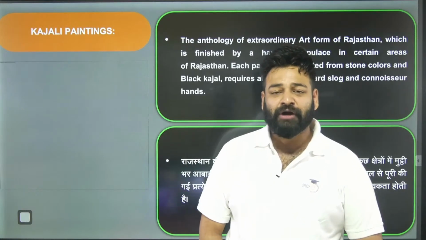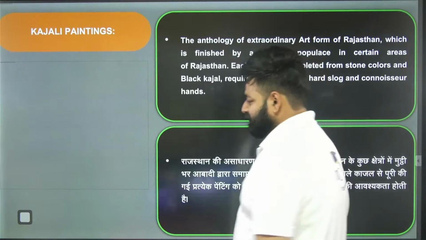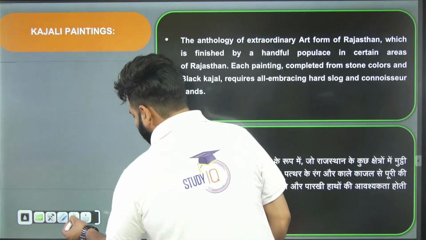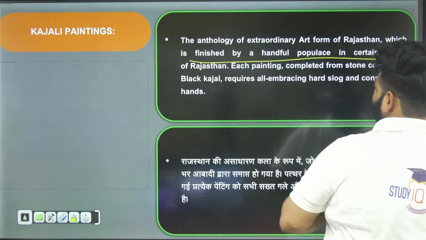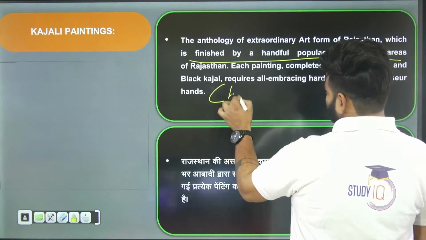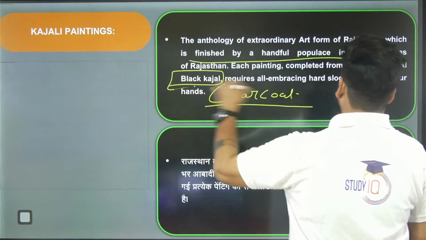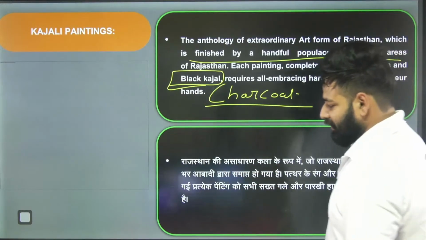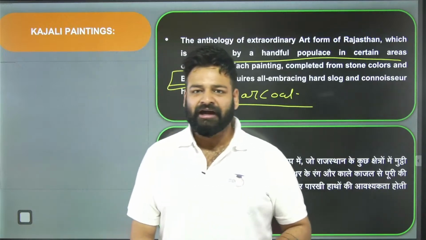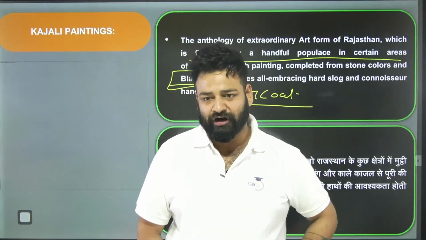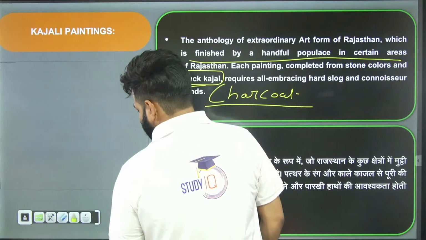But Kajli school of painting was absolutely black and white in color, and they were absolutely made with charcoal. That is simply the black kajal. They were made with very delicate hands and with absolute perfection. Right? So, the Kajli school of paintings.